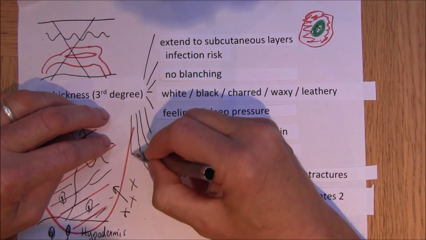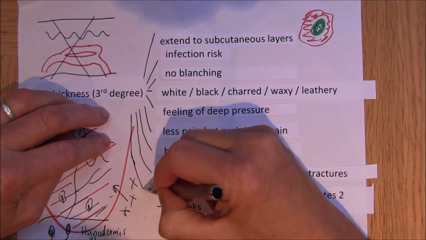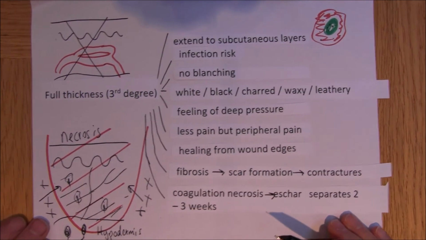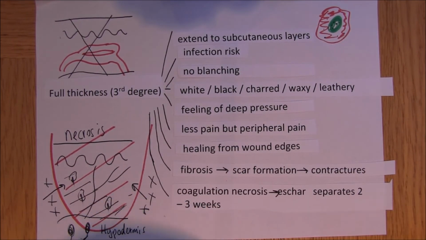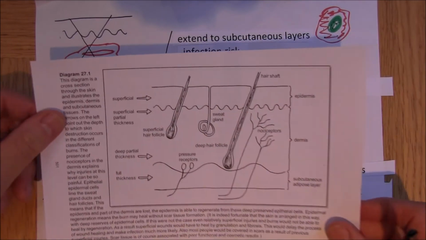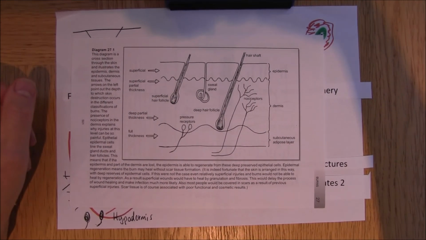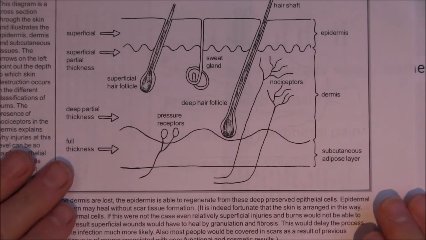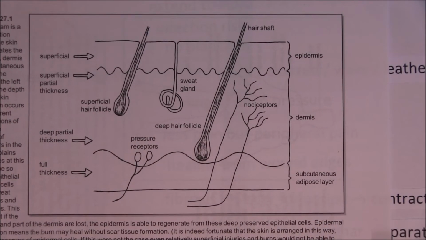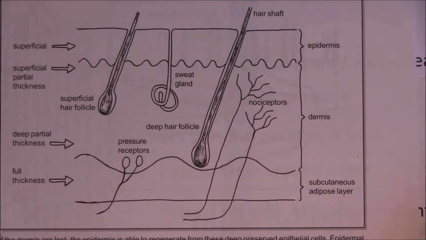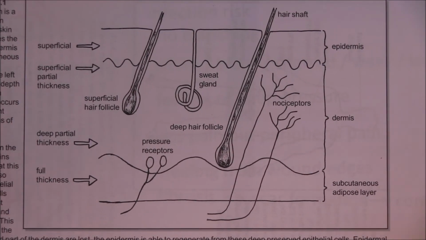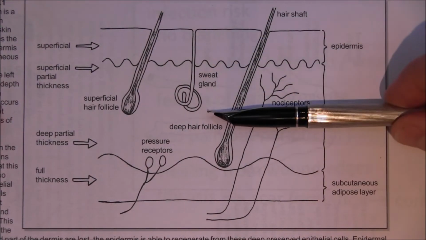So 3rd degree burns, full thickness injury, meaning the full thickness of the skin is lost. And if we think about what that means on this diagram that we've been using from the pathophysiology book again, what it means is everything is lost. The epidermis, the dermis.